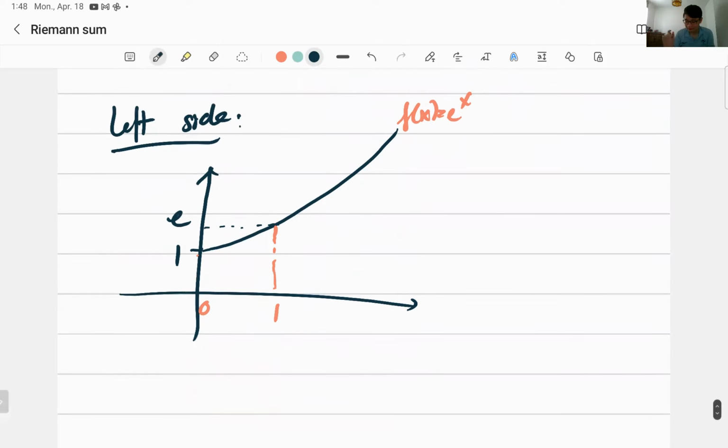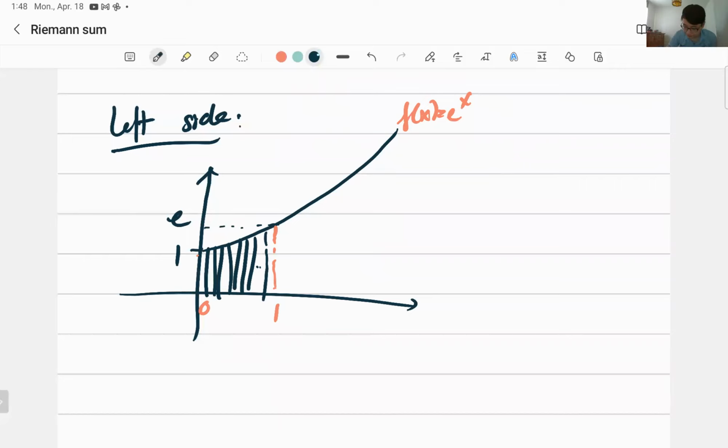We want to divide this into a lot of rectangles, until we cannot even count them, where the last one is n. We're going to calculate this with the left side of the Riemann sum.